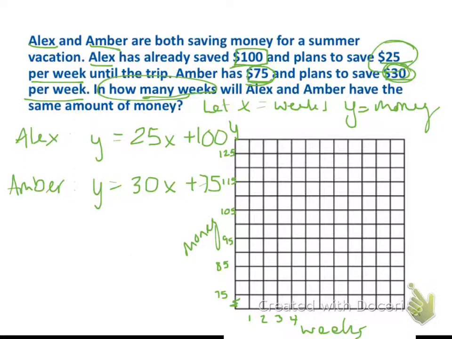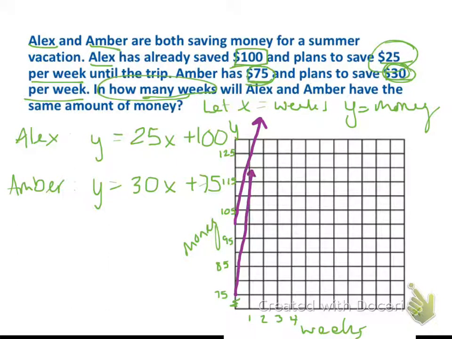Okay, so let's go ahead and start some graphing then. Let's graph Alex first. He starts with $100 and he raises $25 per week. So $125 per week. So that's Alex's line. And Amber's line starts at 75 and she's saving $30 per week.